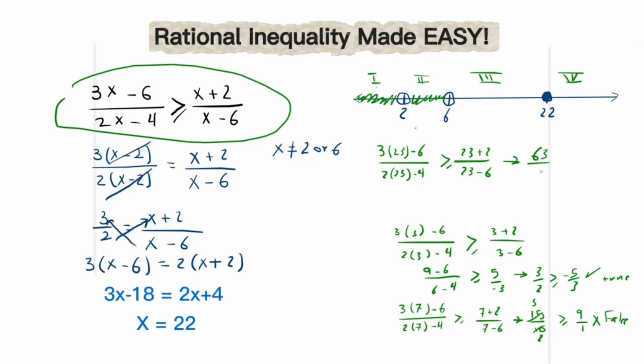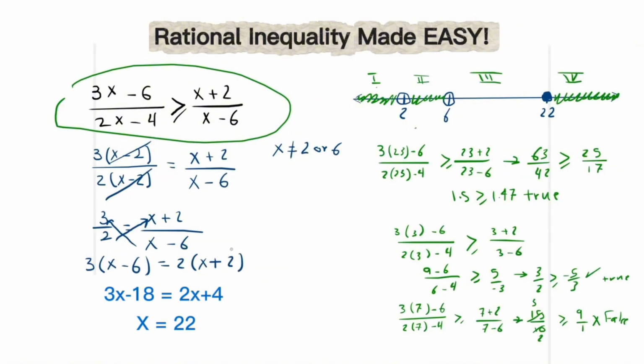And we end up with 63 over 42 is greater than or equal to 25 over 17. I'm going to switch this to decimals, and we end up with 1.5 is greater than or equal to 25 over 17, which gives me 1.47. And of course, this is true because 1.5 is greater than 1.47. And therefore, we're going to shade between 22 and infinity.